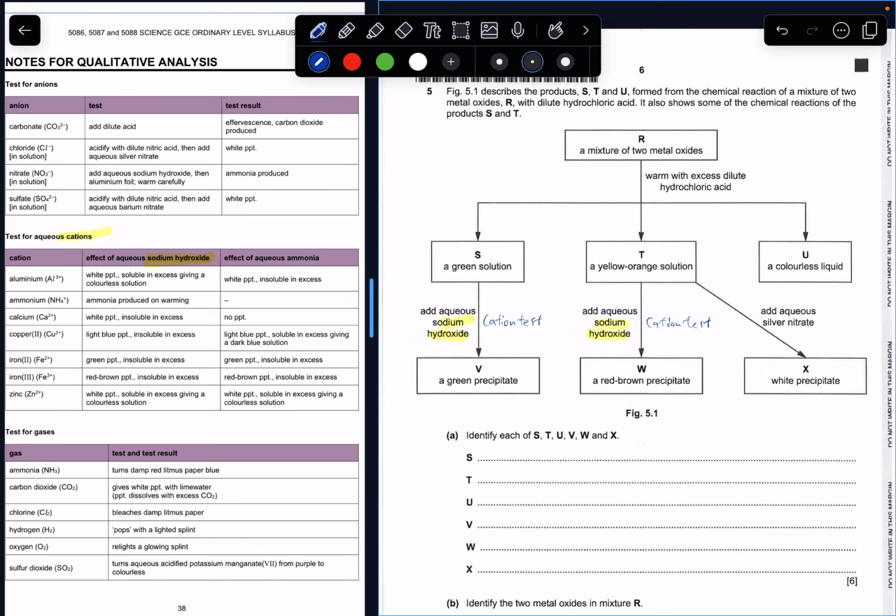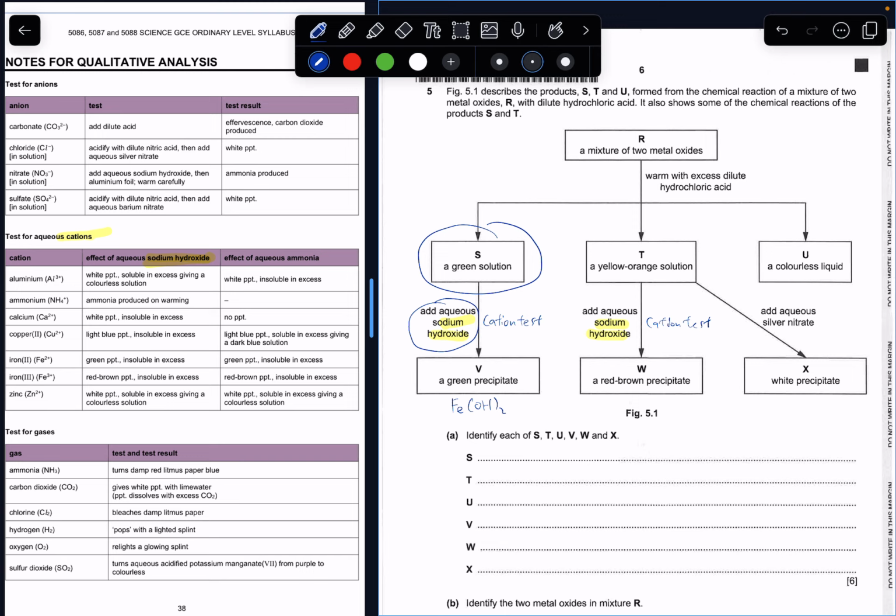So let's look at this segment. Sodium hydroxide, then got green PPT. Very clear cut one. Green PPT, there's only one possibility. This is going to be your iron(II) hydroxide. So you have a green solution, as you add sodium hydroxide, you get V. That means each of them contributes something.